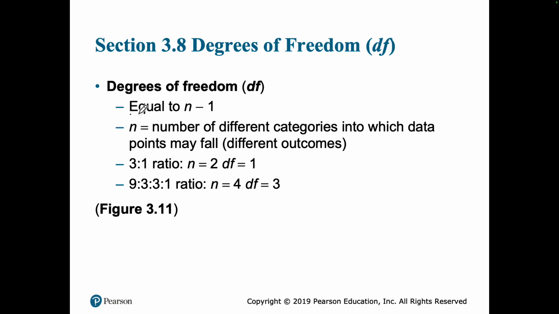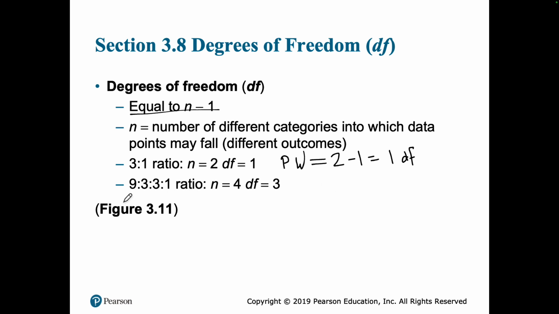So to calculate the degrees of freedom, you do n, the number of different categories, minus 1. So when you're doing a 3-to-1 ratio, when you have only 2 phenotypes you're looking at, purple or white flowers, you have 2 categories, and then you subtract 1. So 2 minus 1 is 1, so you have 1 degree of freedom.